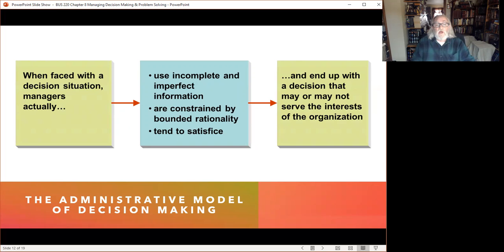But we need to define these concepts of bounded rationality and satisficing. Now, bounded rationality is the idea that every person, but in this case we're talking about decision makers, is limited by their life perspective, by the way they view the universe, by the sort of bubble of reality that they travel around in day to day.